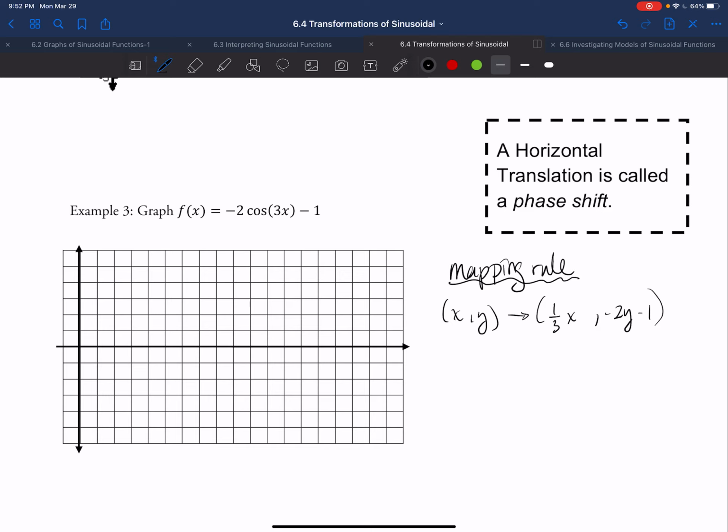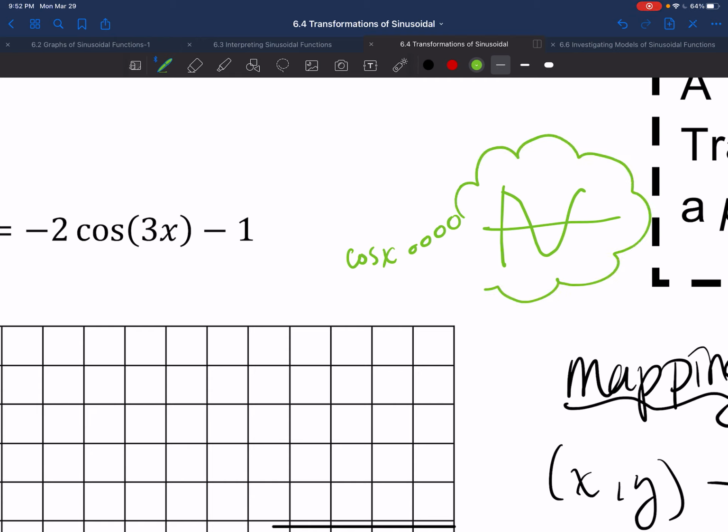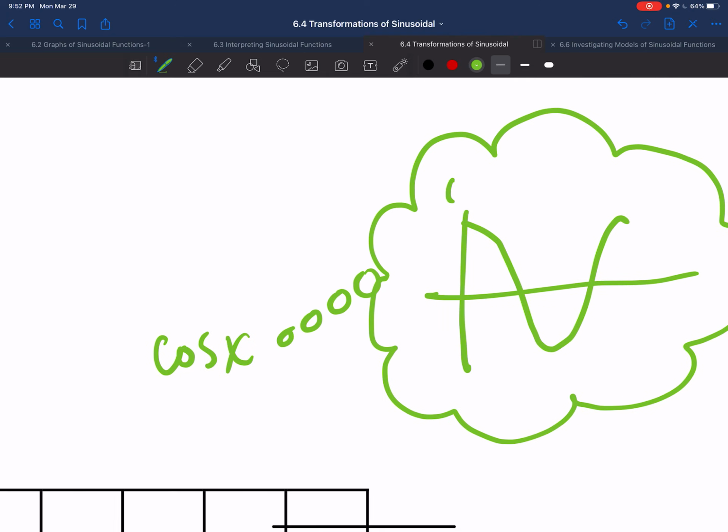Now, I need to put in points from the parent function. So because it's cos, I need to remember what cos looks like. And cos looks like this. So you're going to have to remember the points on cos x. 0, 1.